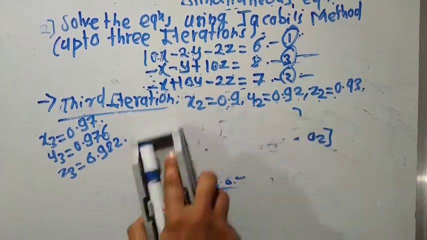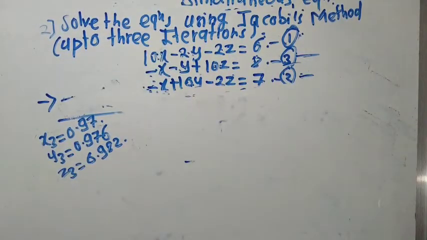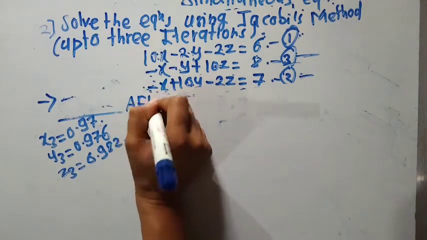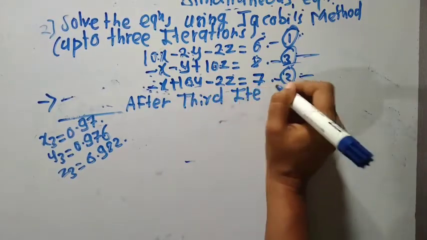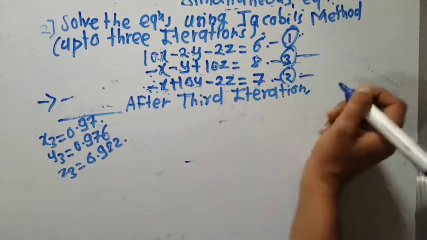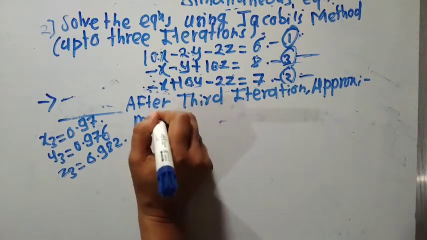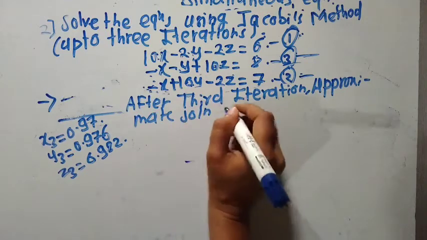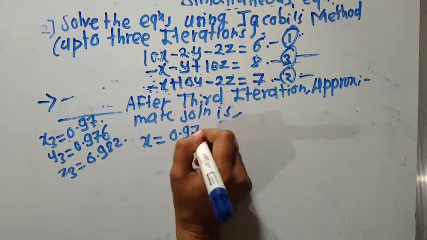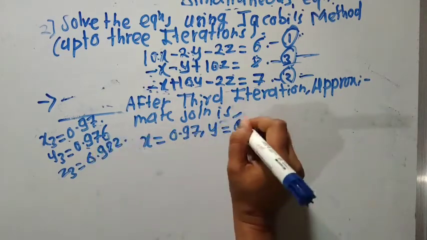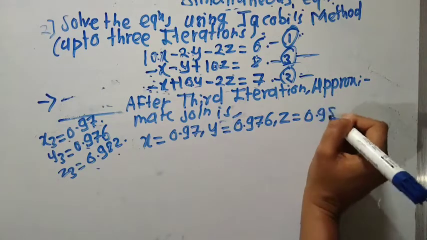Hence, lastly write down, after the third iteration, the approximate solution is x is equal to 0.97, y is equal to 0.976, and z is equal to 0.982.